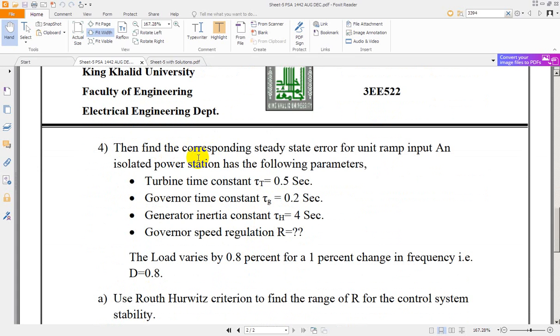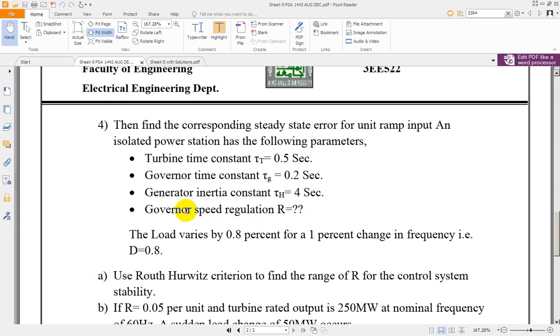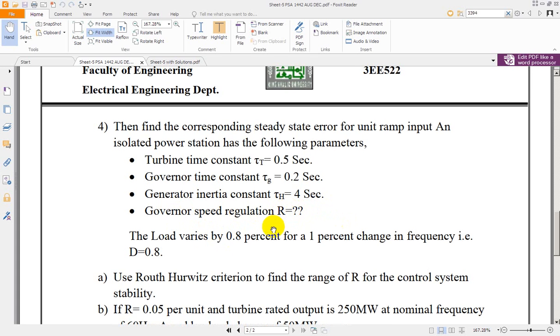we need to evaluate the range of the R value for a given system whose turbine time constant tau t is equal to 0.5 seconds, governor time constant tau g is equal to 0.2 seconds, generator inertia constant H is 4 seconds, and this is the R for which we need to evaluate the range.